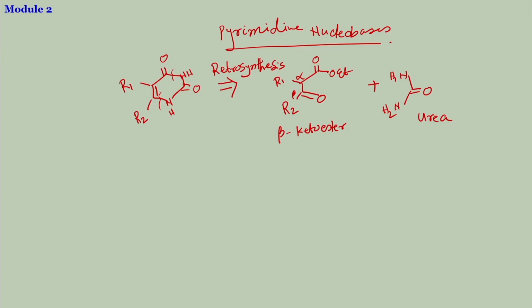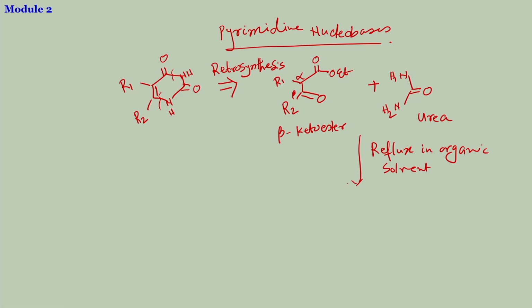Now if you look towards the forward synthesis, if you start with this plus this, and we have seen if you reflux in a suitable organic solvent, that depends on the property of this compound in which organic solvent this will be soluble.